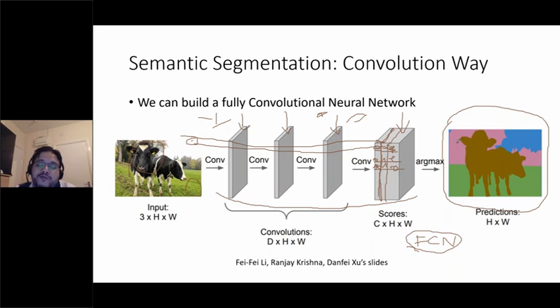There is no fully connected layer, just convolution layers. From it, we just apply the argmax, and we get our segments. So this is the cow segment, this is another one, etc. This is what we call semantic segmentation.